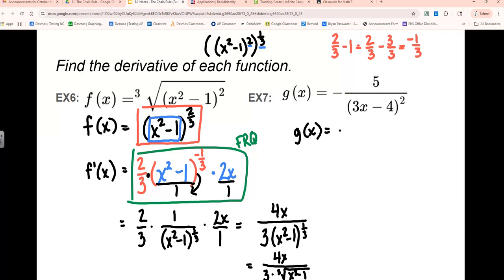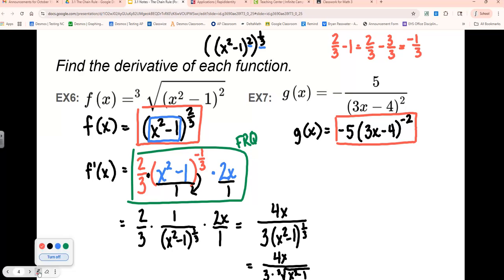As there's a negative out here, I'm going to say -5, parentheses, 3x minus 4 to the -2 power. And if I rewrite it this way, I can use chain rule instead of having to use quotient rule. So the outside is the -5 times the stuff raised to the -2 power, and the inside is the 3x minus 4.